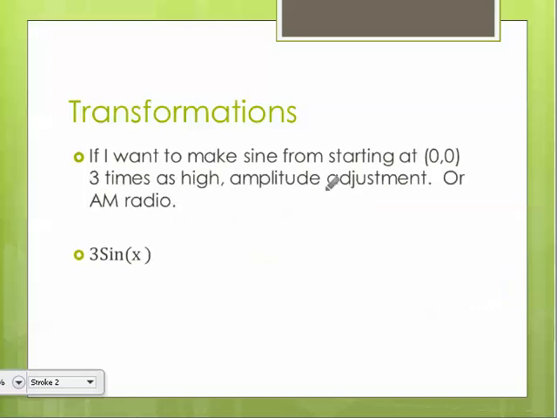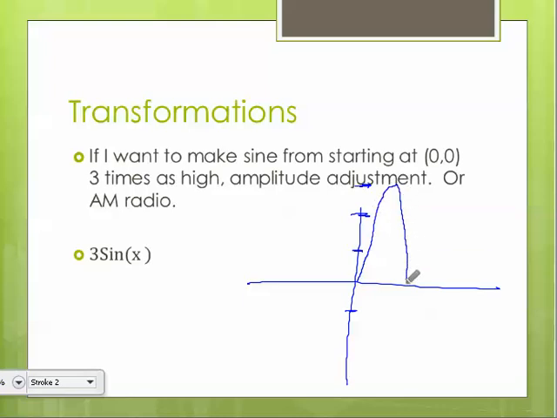Okay. If I wanted to make the sine starting at 0, 0 3 times higher, what do I mean by 3 times higher? So instead of being at 1 and at -1, I wanted it to be at 3. That'd be way up here. And I want the graph to do this, like that.